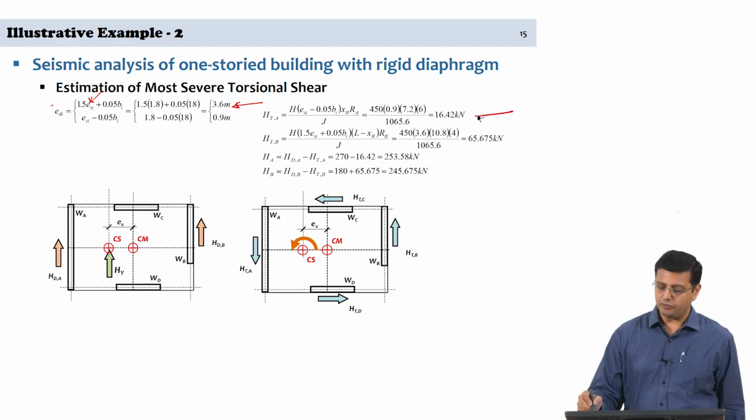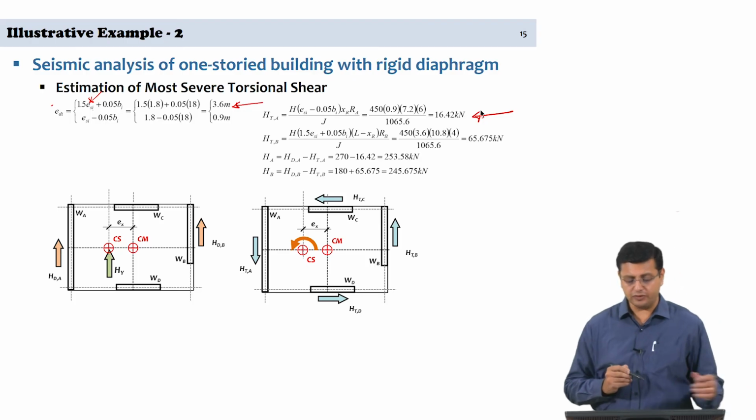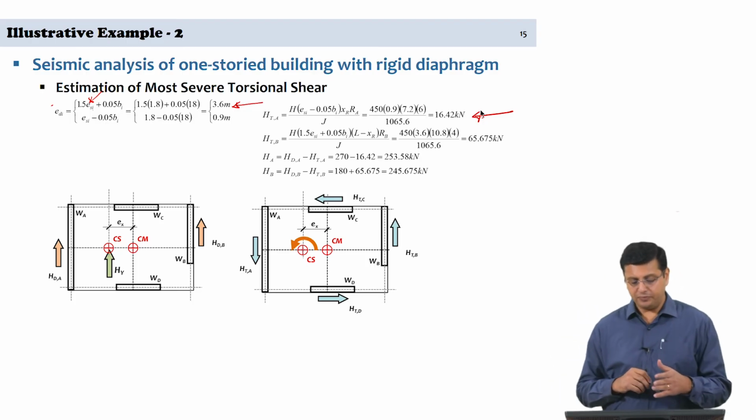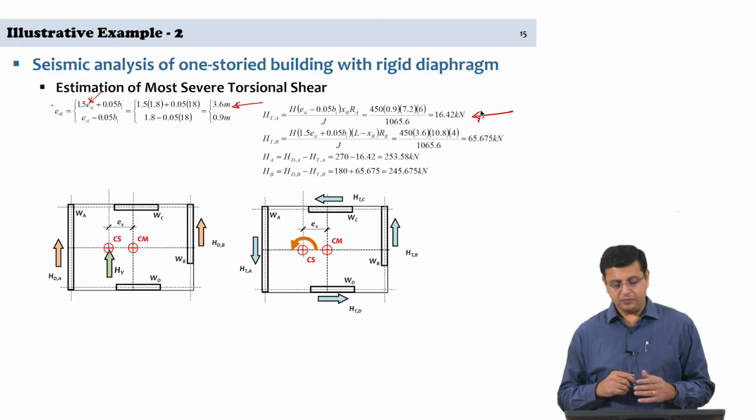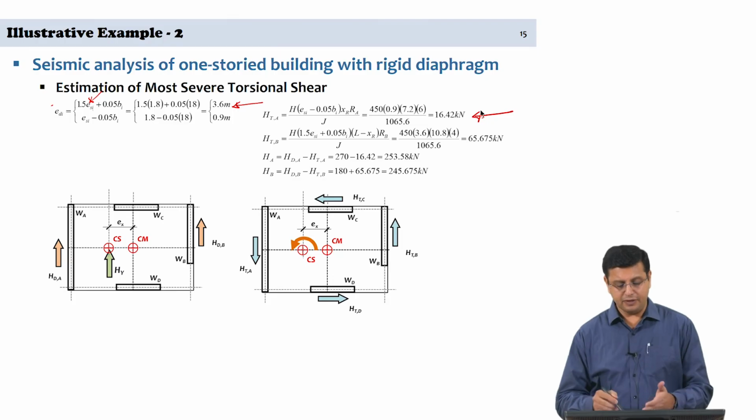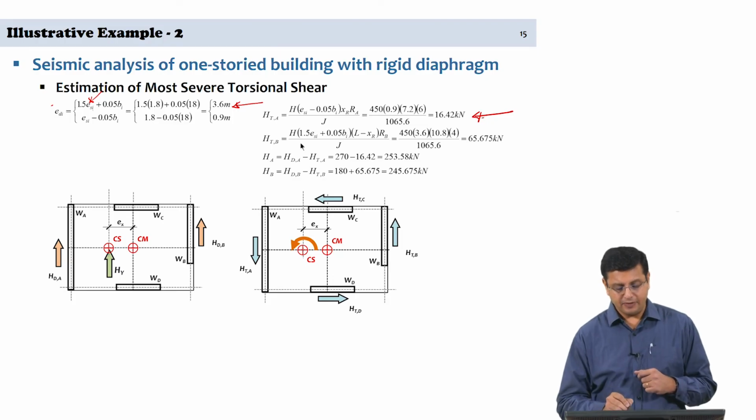The estimate of the torsional shear for wall A is 16.42 kilonewtons, whereas for wall B, since it is additive, we use the higher eccentricity, and therefore H into 1.5 into the static eccentricity plus 5% of the width of the building, into L minus XR, into the stiffness of wall B RB, divided by the polar moment of inertia.